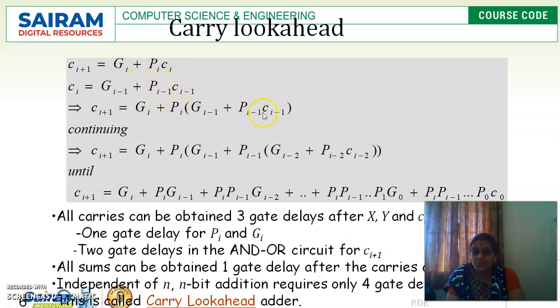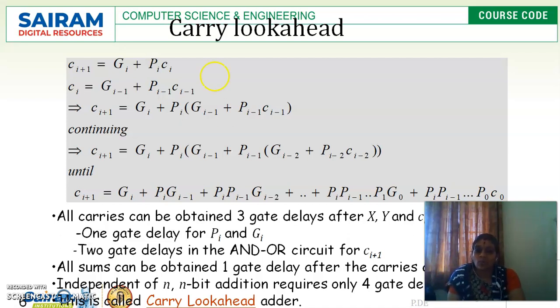So after substituting, if we continue the same way, we will get Ci plus 1 equal to Gi plus Pi Gi minus 1 plus Pi Pi minus 1 Gi minus 2 plus, in this way continuing, finally we will get Pi Pi minus 1 up to P0 and C0. Okay, so here all the carries will be obtained using only 3 gate delays after applying the x, y and C0.